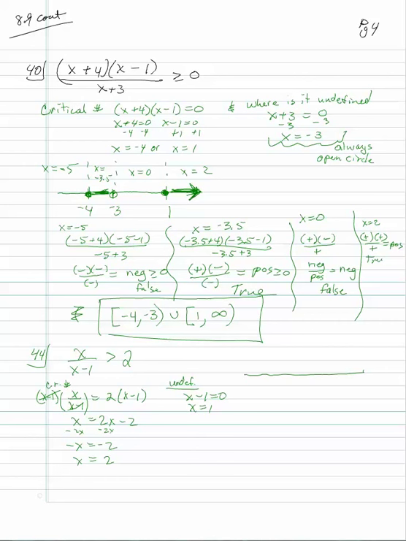So we're just going to have x equals 1, open circle there, x equals 2, and it's going to be open circle since it's just strictly greater than. There's no equal to in it. Then we're going to test each of the 3 regions here. x equals 0, x equals 1.5, x equals 3.